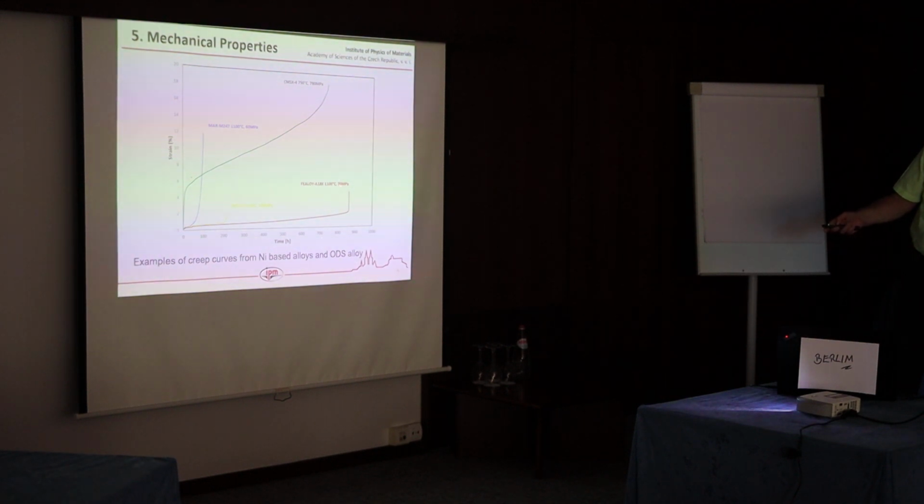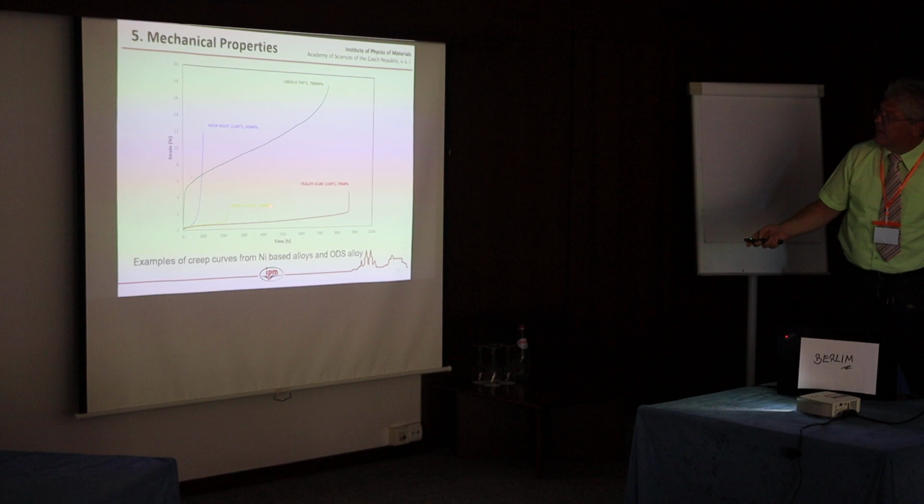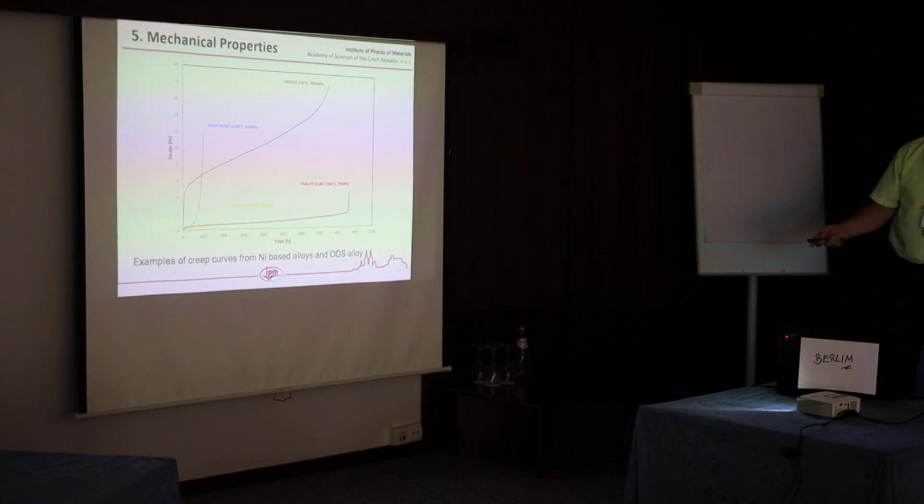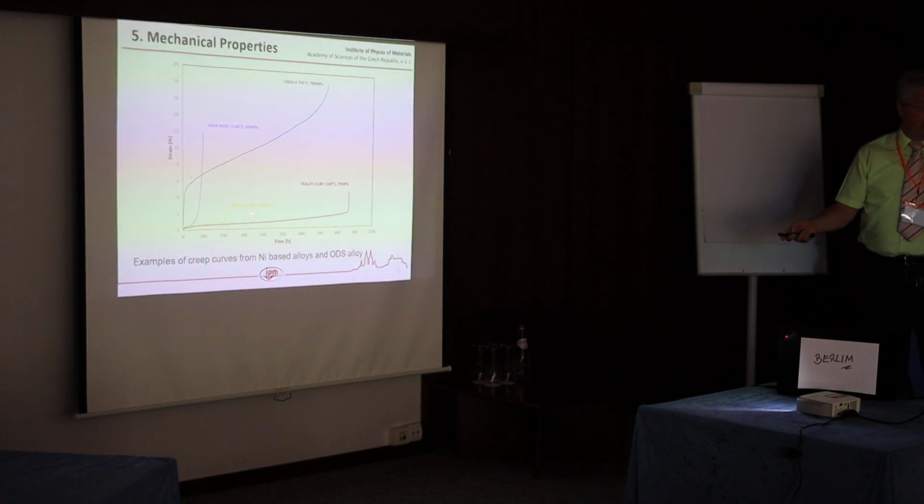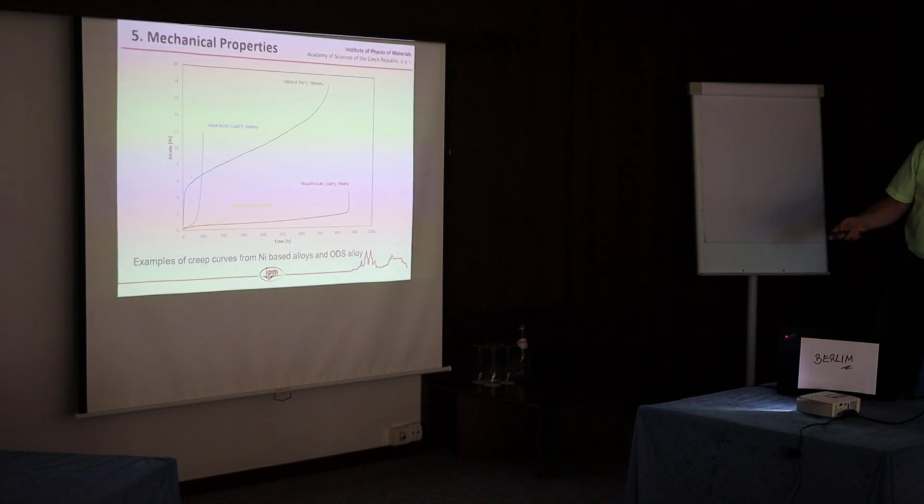This is our alloy at 70 megapascals. This is CMSX-4 at 100 megapascals, which is a single crystal superalloy, and this is at the lower temperature, 750 degrees, but very high stress.